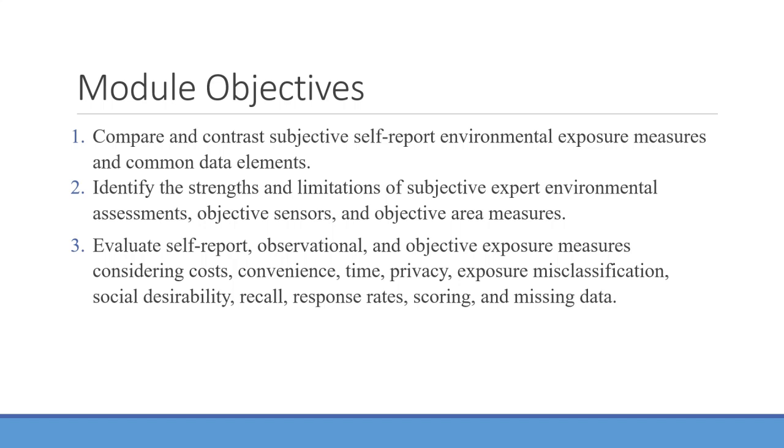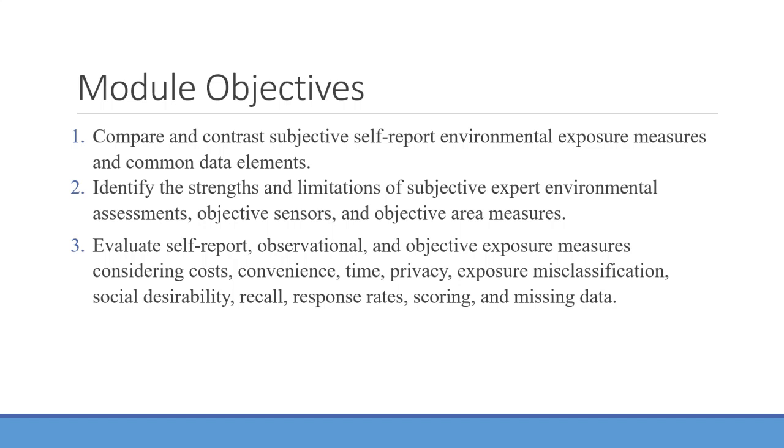There are 3 formal objectives for this module. The first one is to assess, compare and contrast subjective self-report environmental exposure measures and common data elements. The second deals more with the objective assessment of environmental exposures and objective area measures.